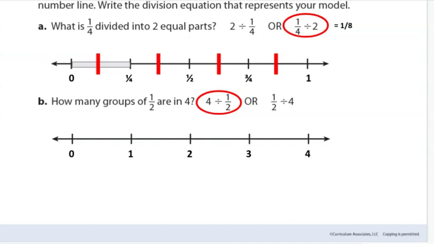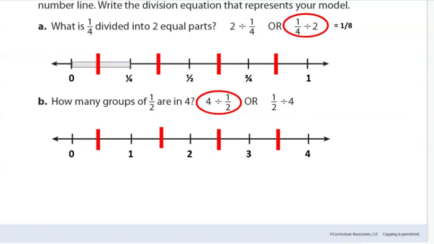Okay, so now you should have something that looks like this, where you broke each whole up into halves. Now, this question is a little bit different than the first one. You can see, because it's saying, how many groups of halves do I have?